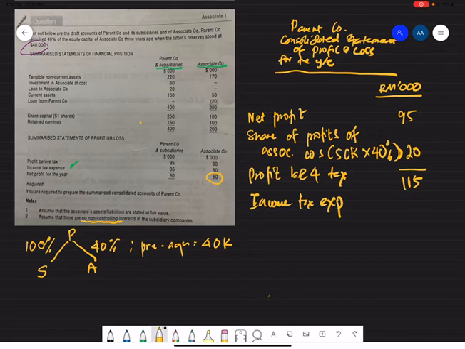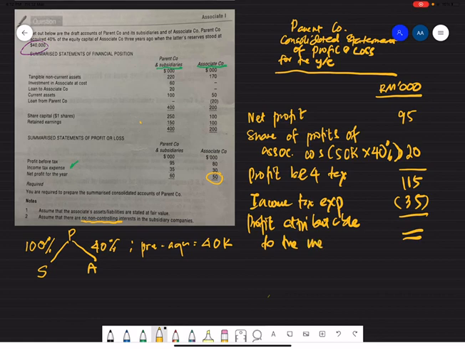So for income tax expense, you only take the income tax for parent and subsidiary, which in this case is 35. And then you will have a profit attributable to the shareholders of parent, which is 80.